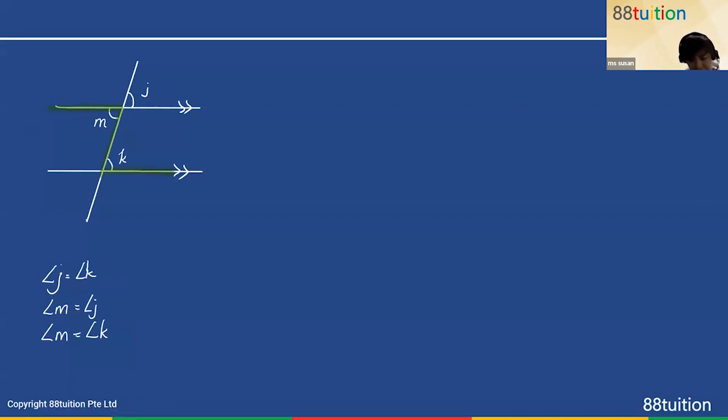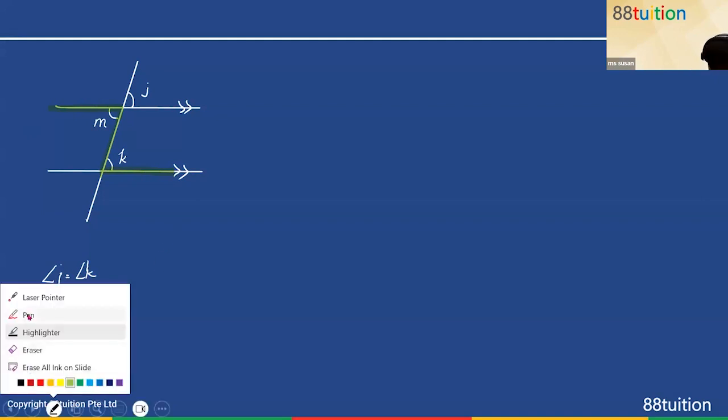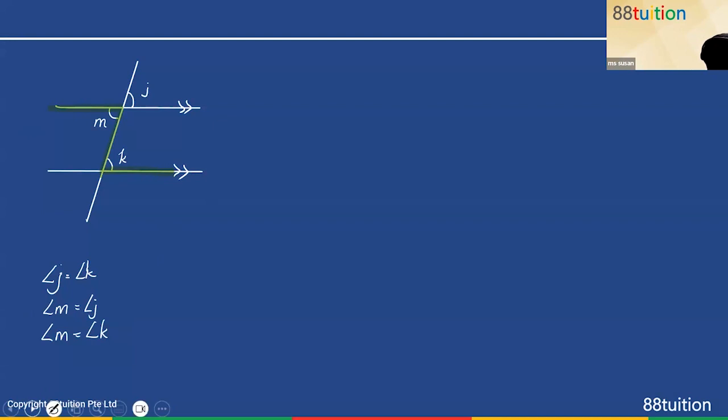Because there are two parallel lines and they form something like a Z. So these two angles will be equal. So M and K will be equal. So M and K, we call them alternate angles. Okay.